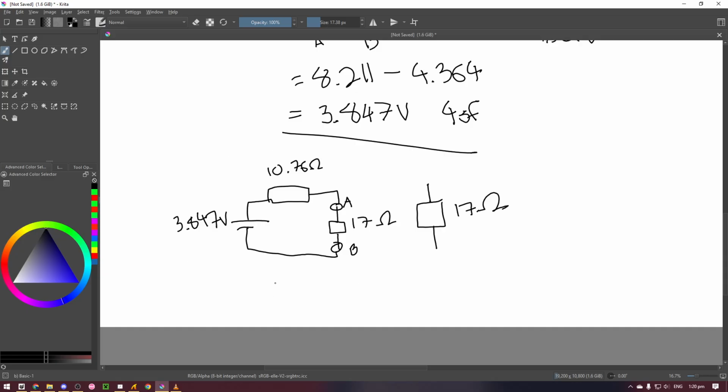What we can do to calculate current, which is just voltage over R total, is 3.847 over 10.76 plus 17, and I, passing through this resistor R5, is 0.1386 amps to 4 significant figures.